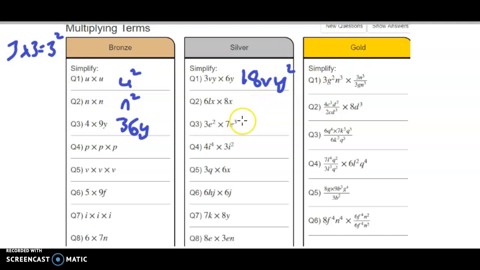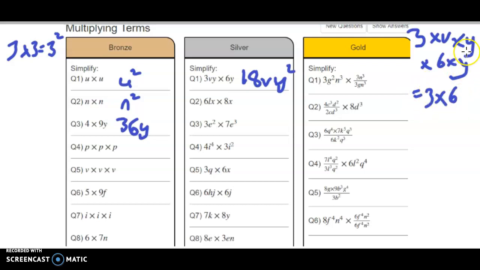When you're doing these, you want to be thinking, I need to multiply the coefficients, the numbers in front, because in essence, that 3vy, 3 times v times y times 6 times y, I could write that in any order I want, because timesing or multiplication, the order doesn't matter.